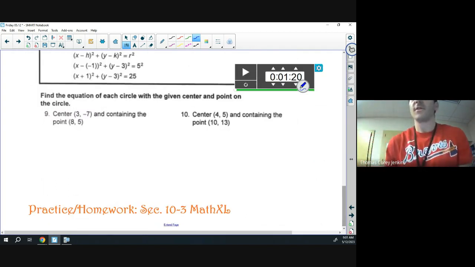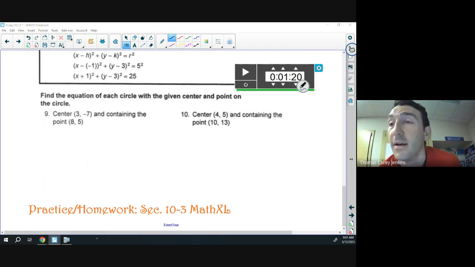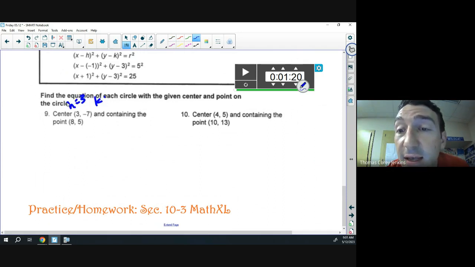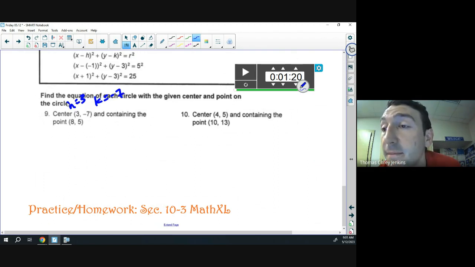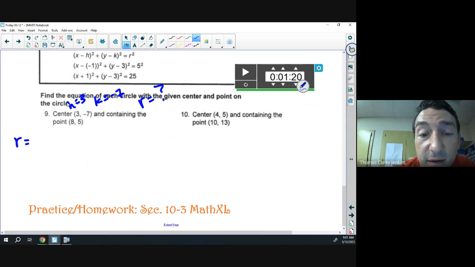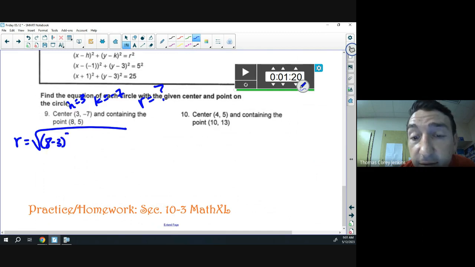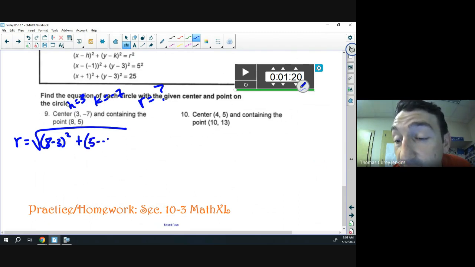Okay, so let's do one together. You try one, and that'd be it. All right, so again, we already know h is 3, k is -7. What we don't know is the radius. So we'll say the radius equals, using that formula, the square root of the quantity 8 minus 3 squared, plus the difference of the two y's squared, so that'd be 5 minus -7 squared.